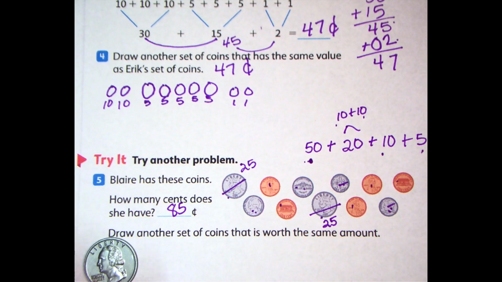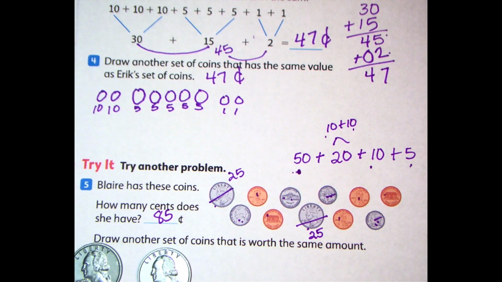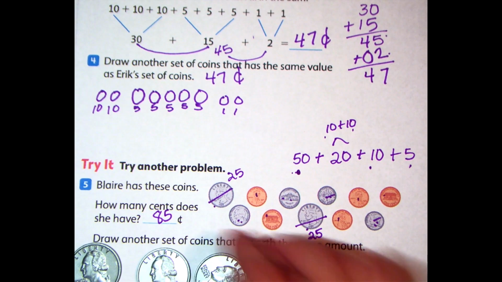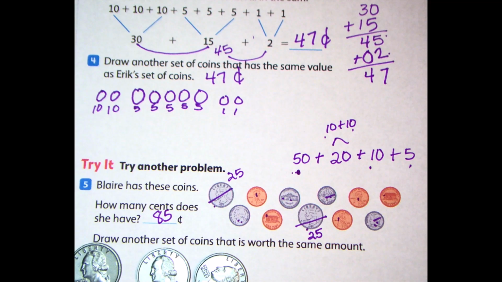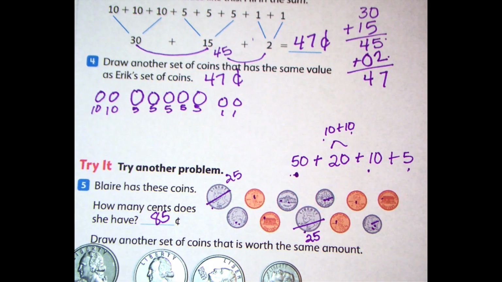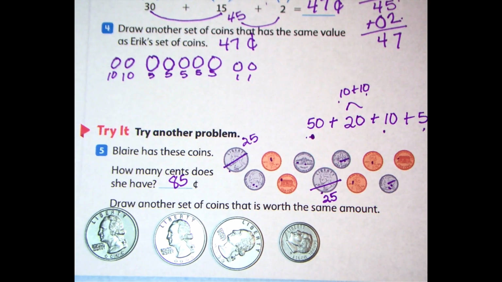Because if I have 25 and another 25, that's 50. And that's 75. And a dime would be 85 cents. Okay, that's one way to do it. Or you can put 8 dimes and 1 nickel.